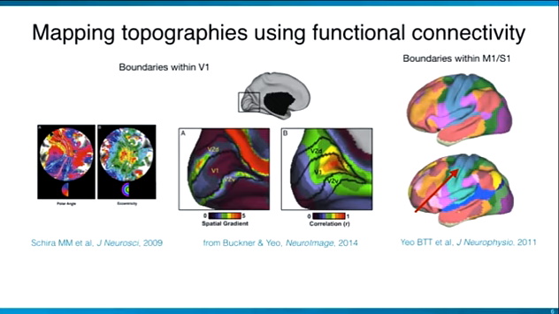I want to show one other example of this using specifically methods that are related more to global patterns of connectivity. I think this is a nice example because if the functional connectivity were to map onto cytoarchitectonic boundaries better, you would expect to see that as you move higher in the cluster number, there would be a distinction between primary motor and primary somatosensory cortex, so that the cluster boundary would fall right along the central sulcus here.